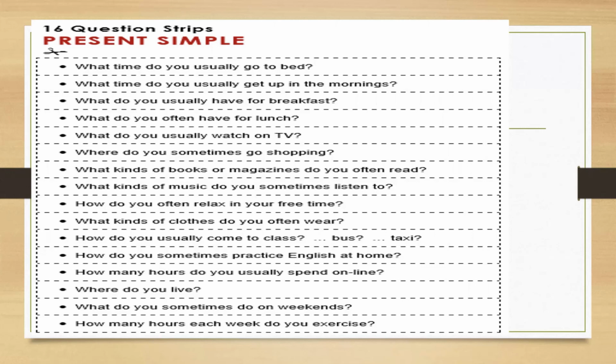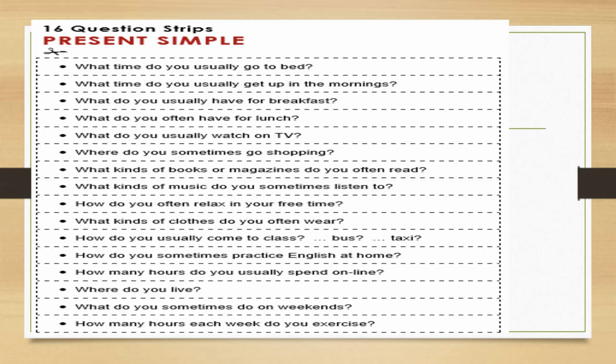Where do you sometimes go shopping? What kind of books or magazines do you often read? What kind of music do you sometimes listen to? How do you often relax in your free time? What kinds of clothes do you often wear? How do you usually come to class?